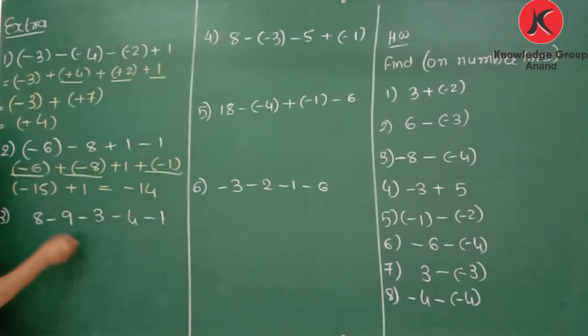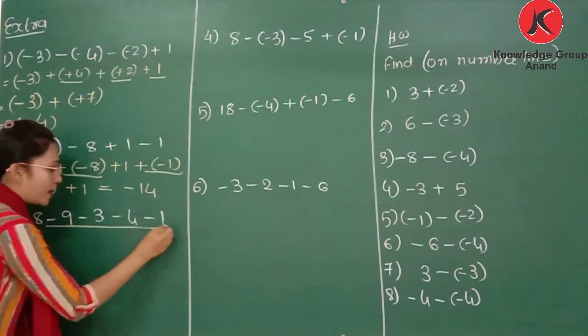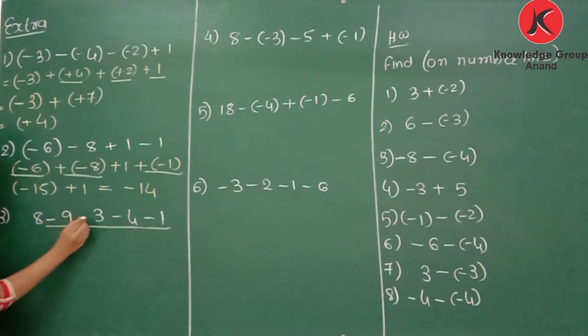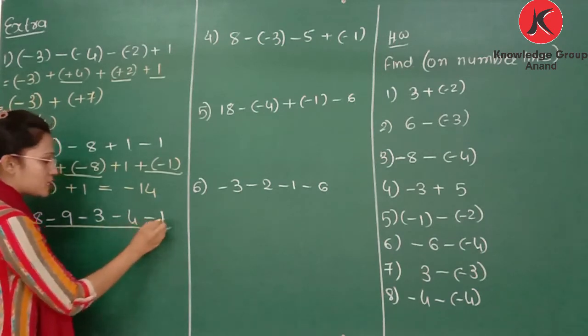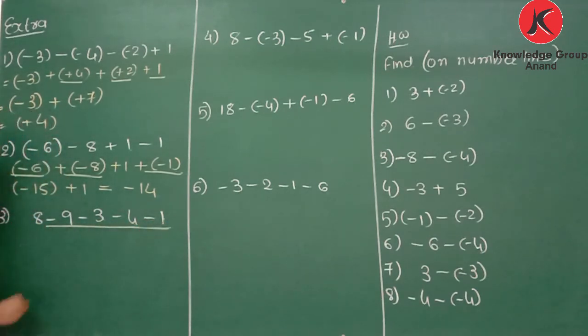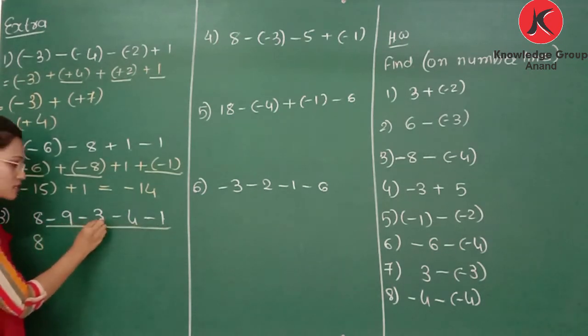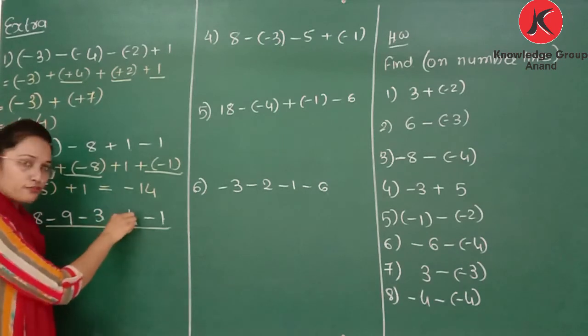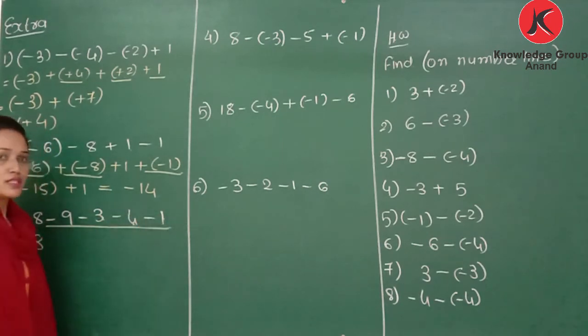Now next one, 8 minus 9 minus 3 minus 4 minus 1. If this kind of question is given, you can directly add these numbers. Why? Because this is minus 9 minus 3 minus 4 minus 1. Here what is the sign of 8? Plus, and the remaining numbers are negative, so we can write 9 plus 3 is 12, 12 plus 4 is 16, plus 1 is 17.